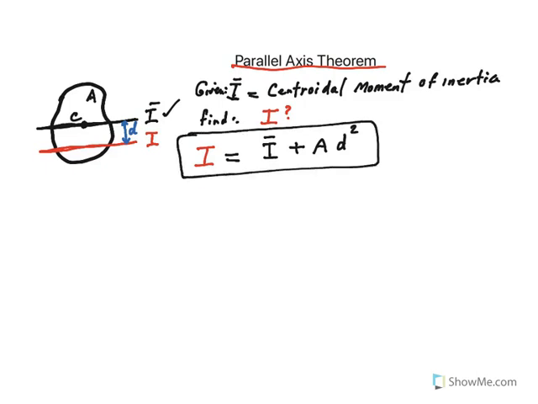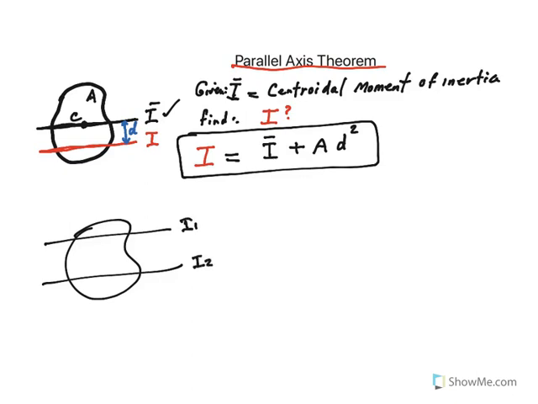Just remember that you cannot do this for any two arbitrary axes, guys. You can't say, oh, this is I1, this is I2, so I can say I2 equals I1 plus Ad squared. That doesn't work. One axis has to pass through the centroid of the area for this to work.